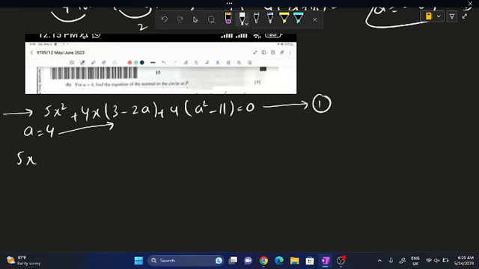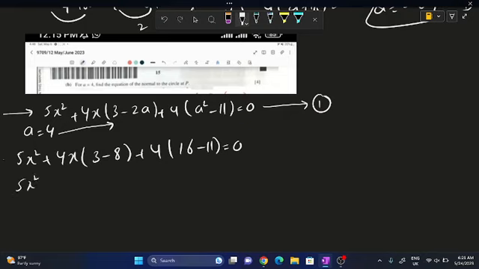That gives you 5x square plus 4x(3 minus 8) plus 4 times 16 minus 11, which is equal to 0. Then it gives you 5x square, 3 minus 8 is minus 5, and minus 5 times 4 is minus 20x. 16 minus 11 is 5, and 5 times 4 is 20, so positive 20, which is equal to 0.